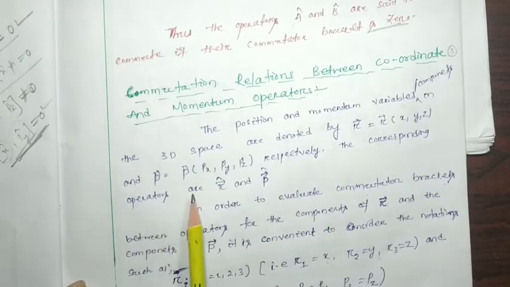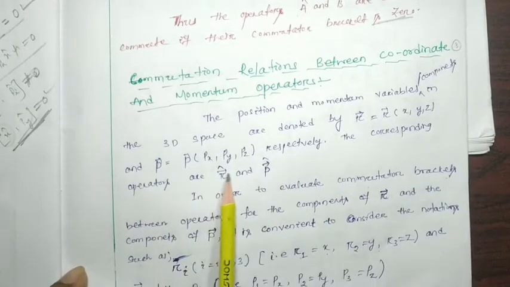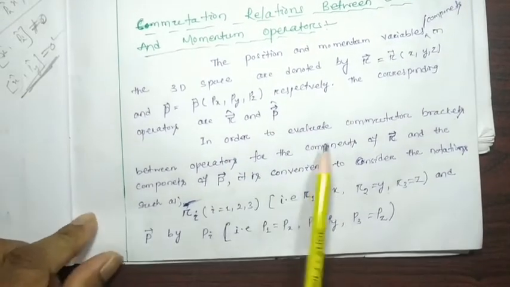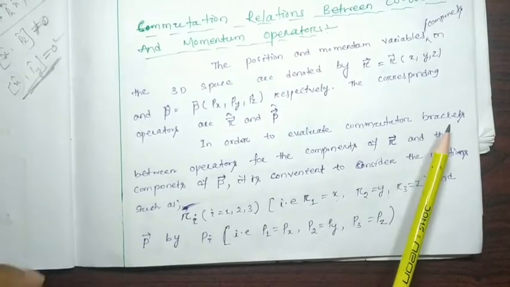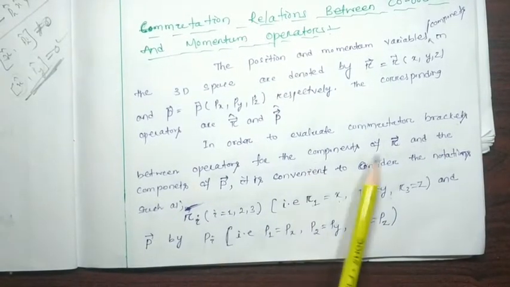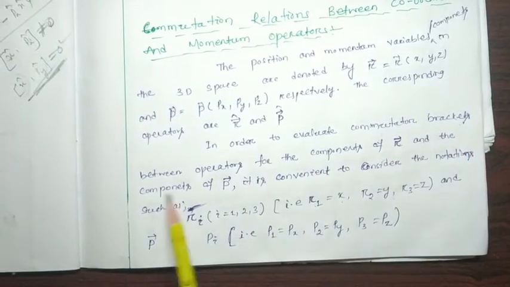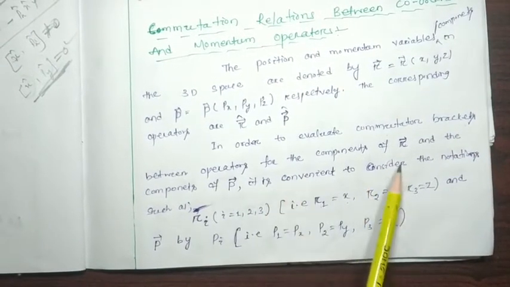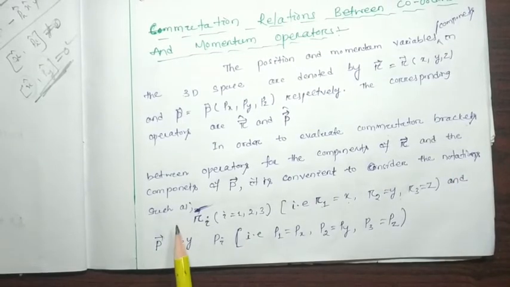The corresponding operators can be represented by r vector cap and p vector cap. In order to evaluate commutator brackets between operators for components of R and components of P, it will be convenient to consider notations like this.